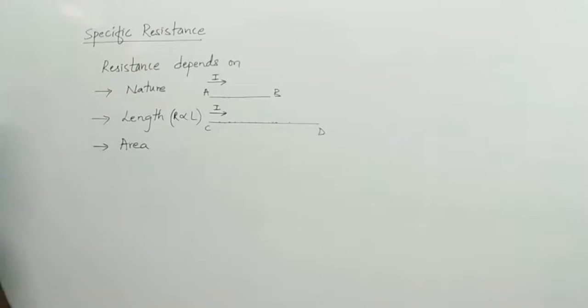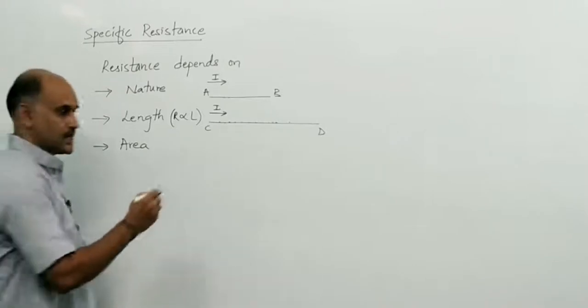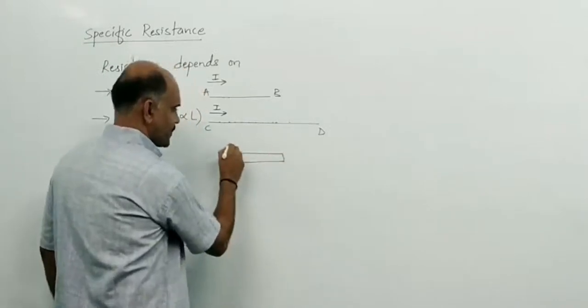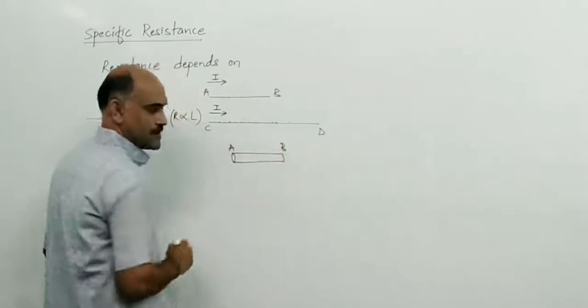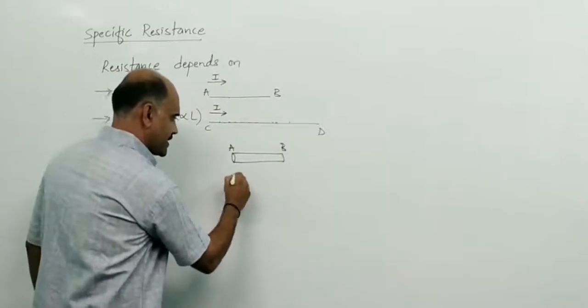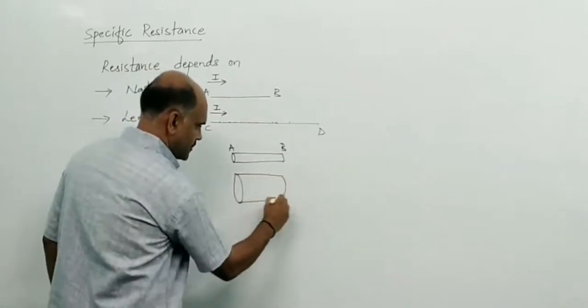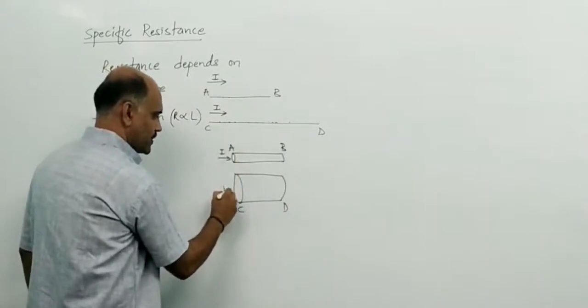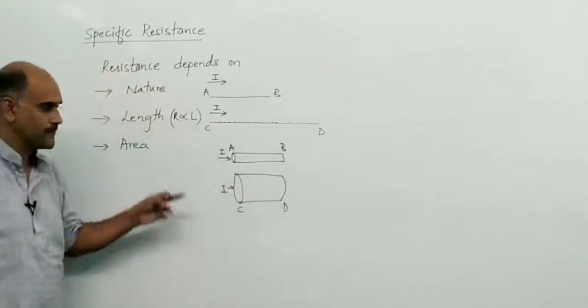It depends upon cross-sectional area. Now again, suppose this is wire A to B, and another wire of the same length, C to D. Here current flows, or charges are moving.